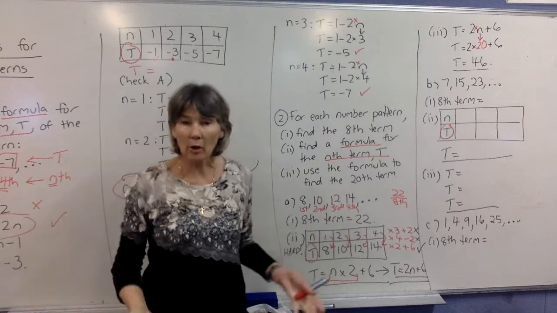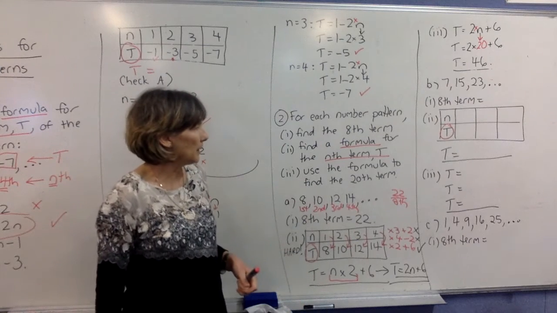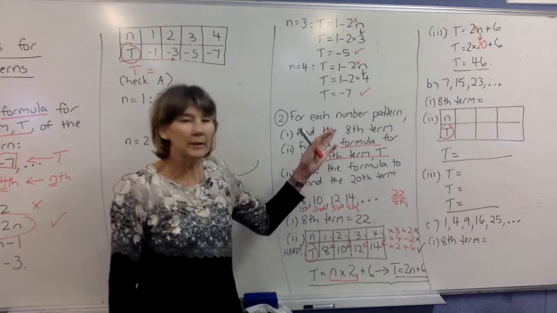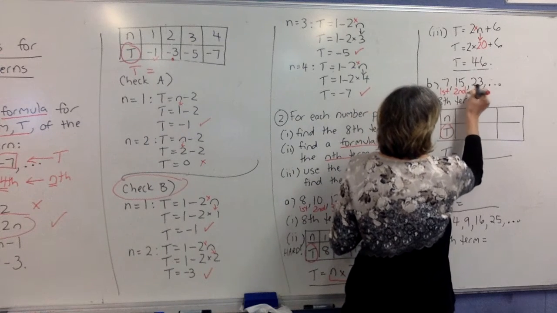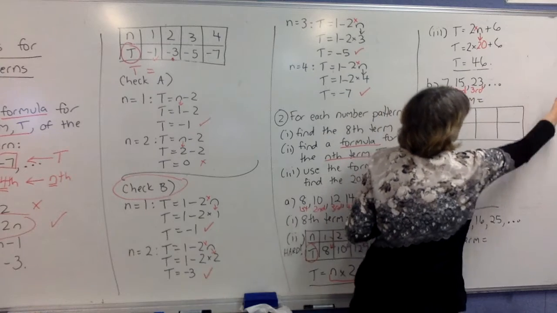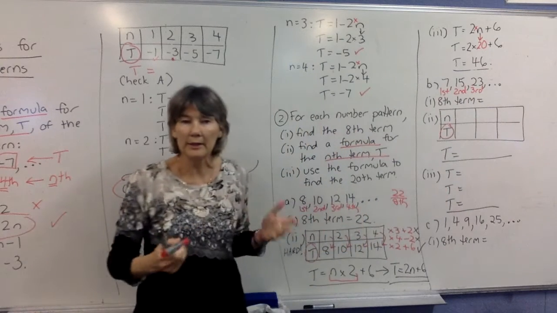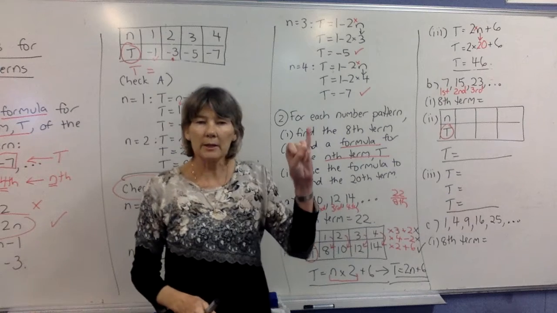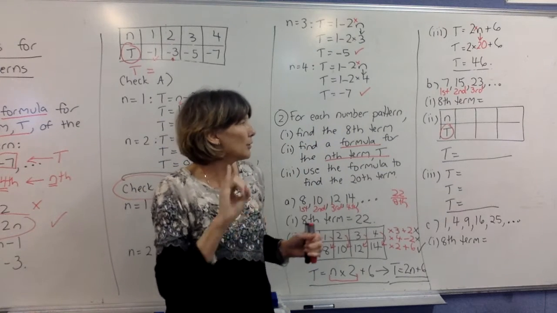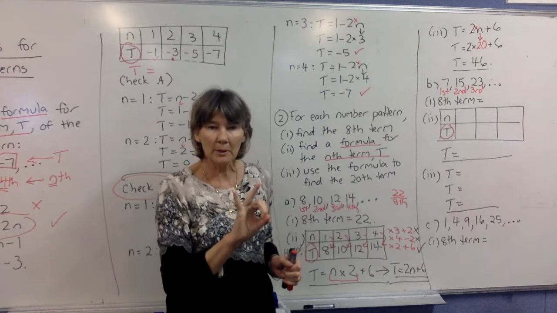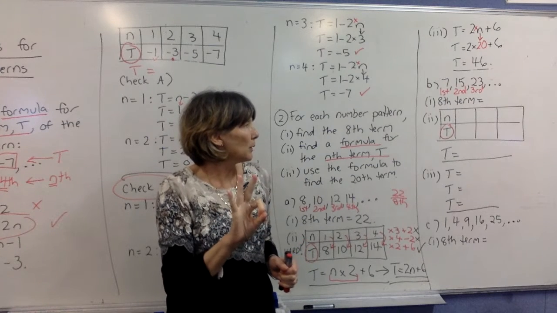Okay, so we're going to go through that whole process with B and see how we go with that one. So this time we're doing the 8th term. So remember, this is your first, this is your second, this is your third. We're going to continue with our pattern till our 8th, like you did in primary school. So let's see, first term is 7, second term is 15, third term is 23.